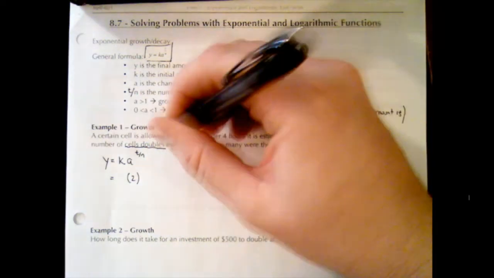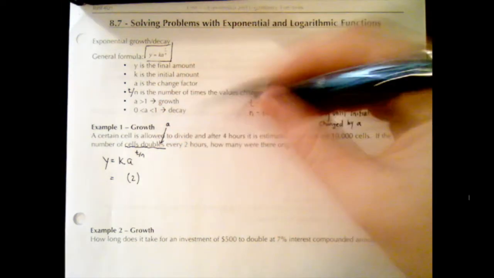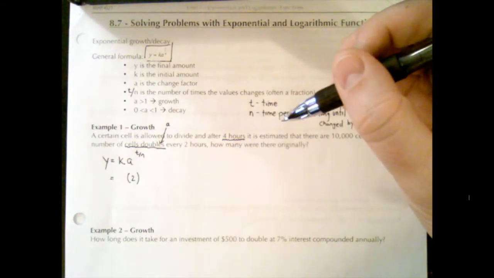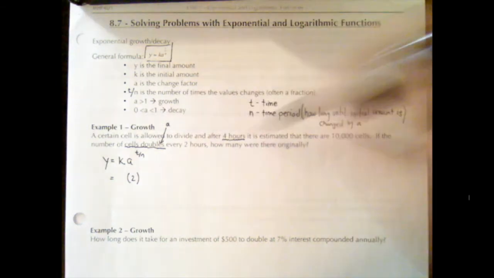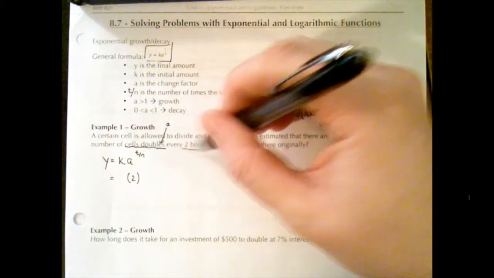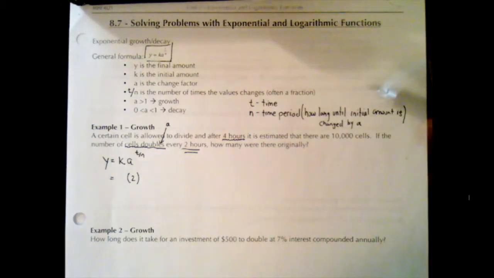Cells doubling, that's A. They're allowed to divide every 4 hours, and after 4 hours it was estimated that there are 10,000 cells. So sorry, it doesn't divide every 4 hours. It actually doubles every 2 hours. So it's been dividing for 4 hours, but it doubles every 2 hours.